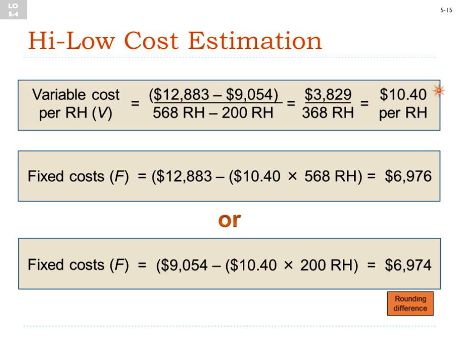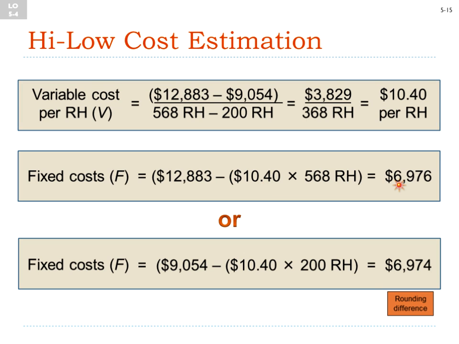So from there we can figure out what fixed costs are. The way we do that is we take our total cost, subtract the variable cost per repair hour times the activity level, and we get 6,976.